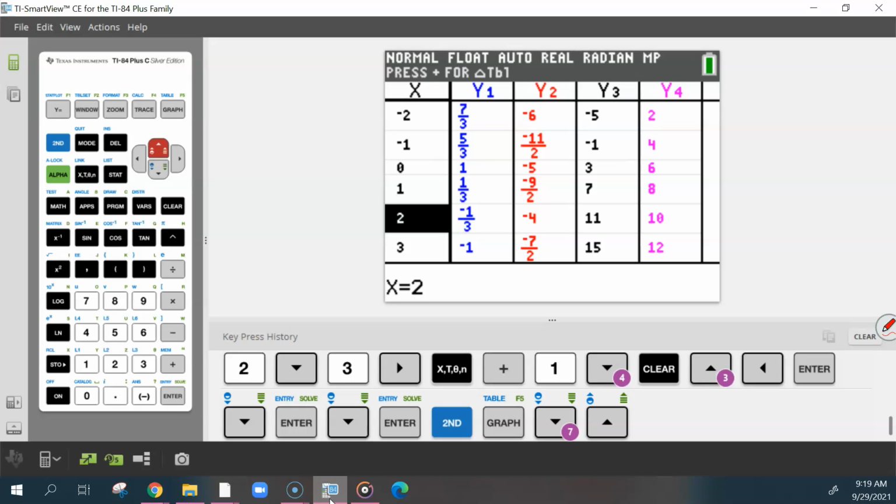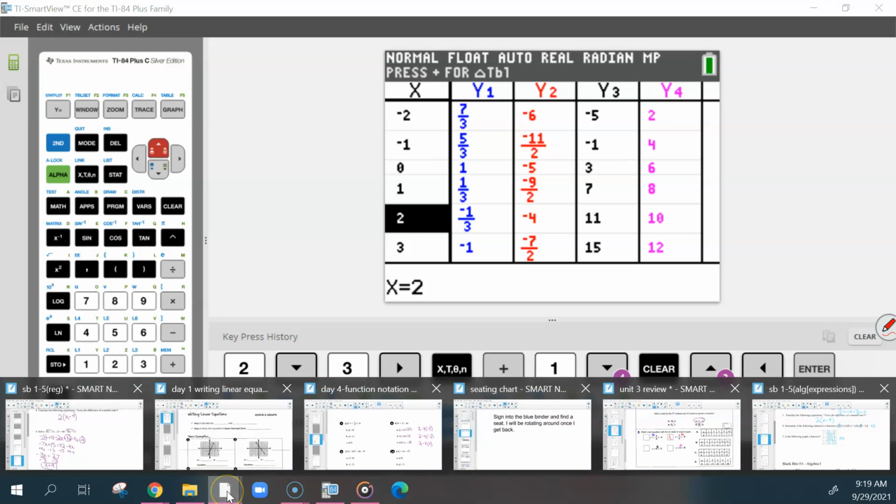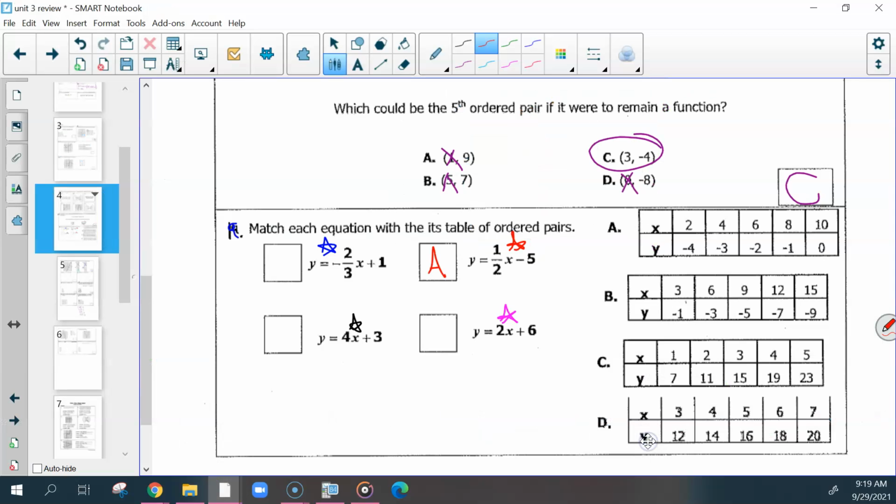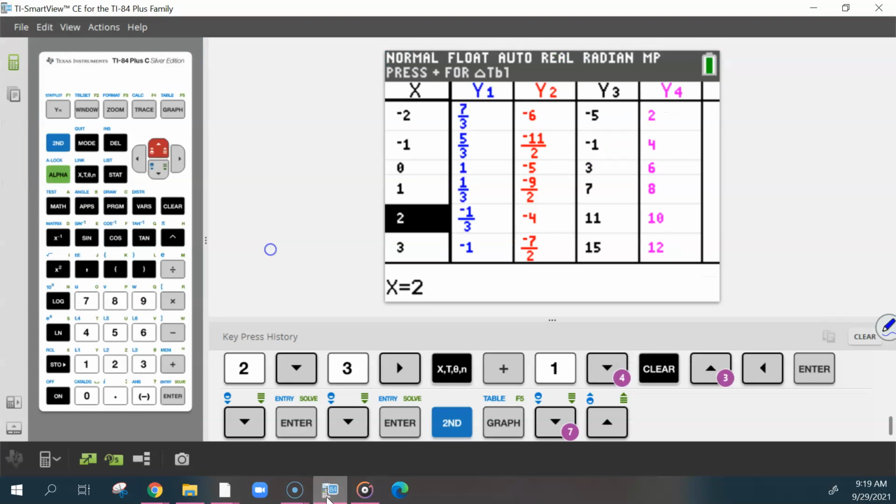For B, when x is 3, y is -1, so that's this blue one. So this first one. For C, x is 1 and y is 7, so that would be this black one.